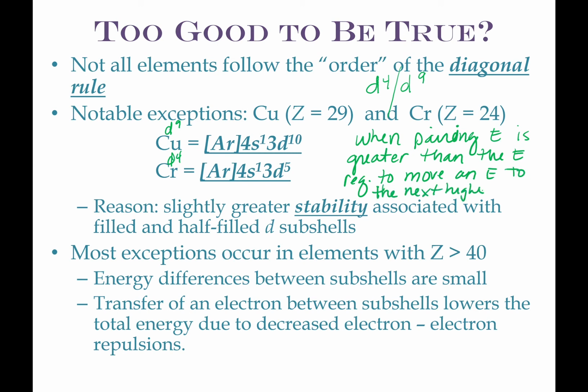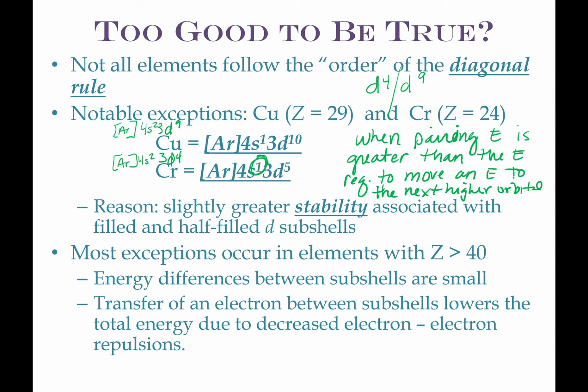So what's happening here is you'll see that normally this would be 4s2. So argon is what we would predict it to be, 4s2 3d9. And we would predict this one to be argon 4s2 3d4.